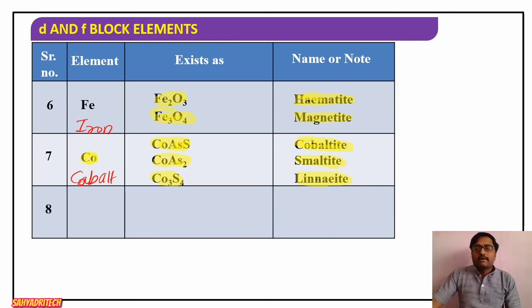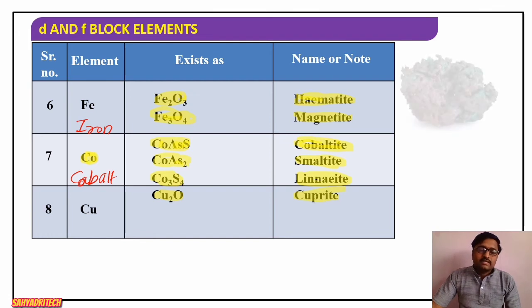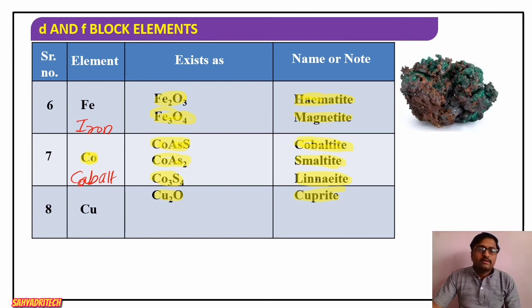Now the next member of the 3D series is copper. Copper exists as its oxide, Cu2O. Cu2O is named cuprite. The composition is Cu2O, and its name is cuprite. This is the diagram of cuprite.